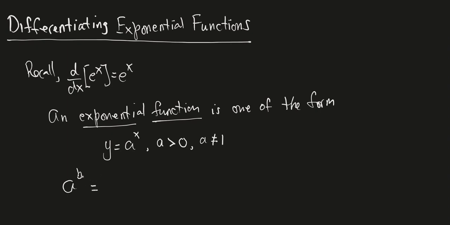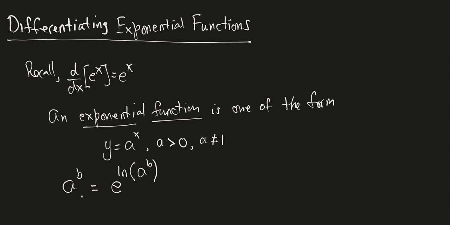What we do is we take advantage of the fact that e and ln, the natural log, are inverse functions. So if I take e to the power of ln of a to the b, then these two are exactly the same, because e and the ln are inverse functions, so they undo each other. If I take the natural log of a to the b and then raise e to that power, I will end up getting this back.